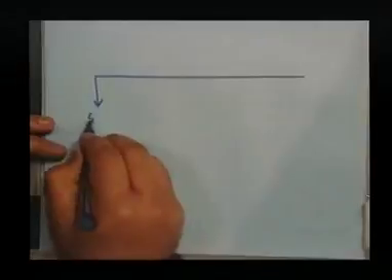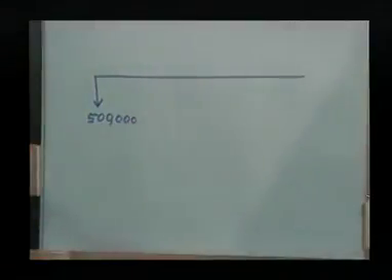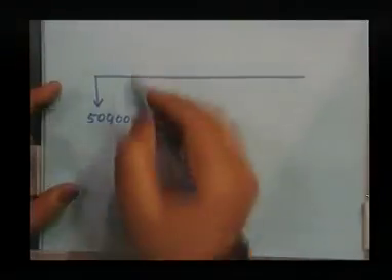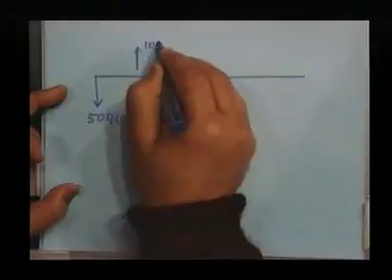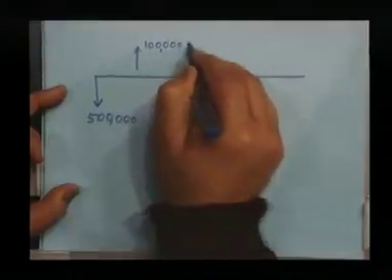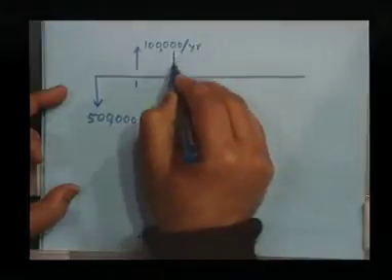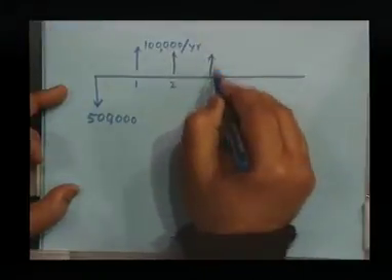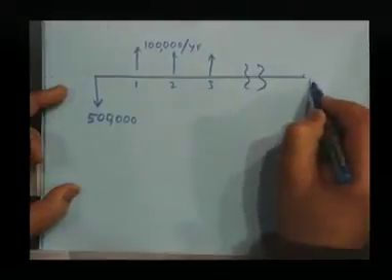For alternative 1, the first cost is 500,000, then every year 100,000 is your incoming, 100,000 per year for the next 10 years, year 1, 2, 3, so on up to year 10.